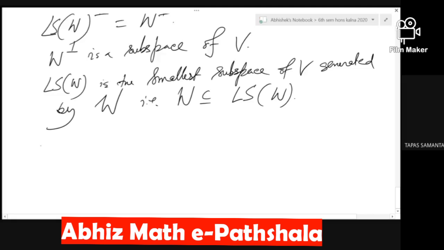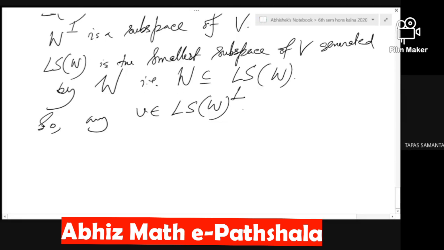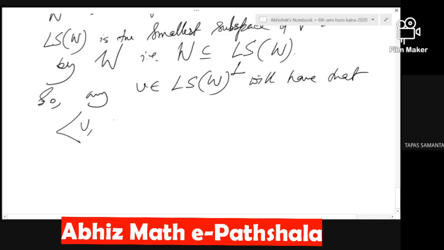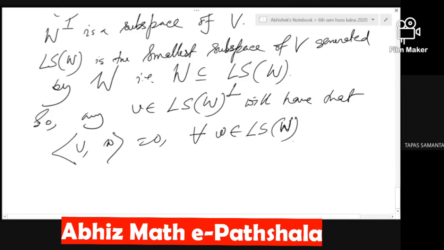So now, any vector V belonging to LSW perp will have that the inner product <V, w> equals 0 for all w belonging to LSW.